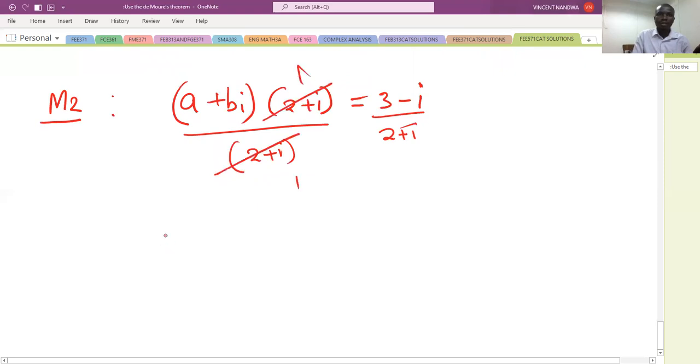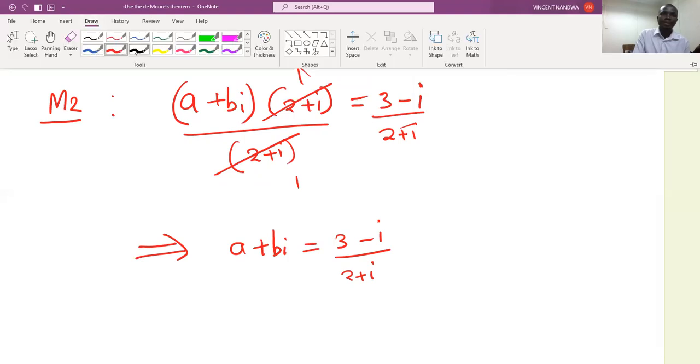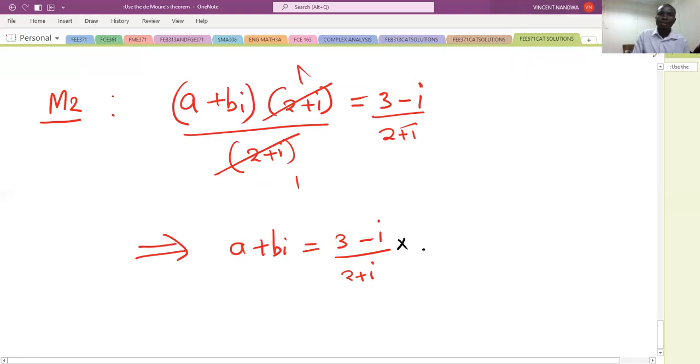That implies A plus BI is 3 minus I over 2 plus I. Now we rationalize the denominator by multiplying by the conjugate of 2 plus I, which is 2 minus I.